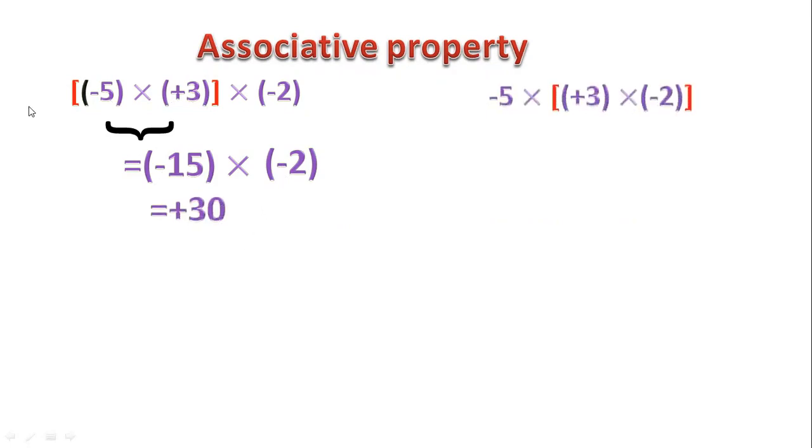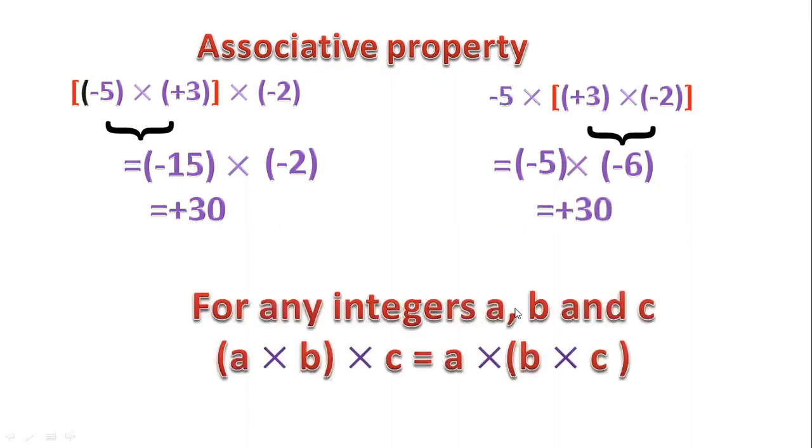Now group in a different way. Take the same numbers and group in a different way. Group plus 3 and minus 2 together. So this should be done first. Plus 3 into minus 2, that is minus 6, into minus 5. Answer is plus 30.